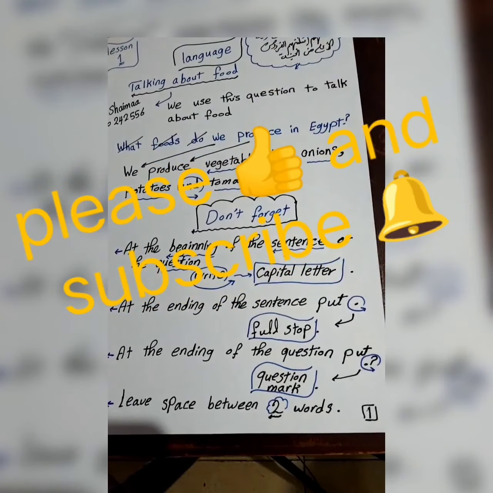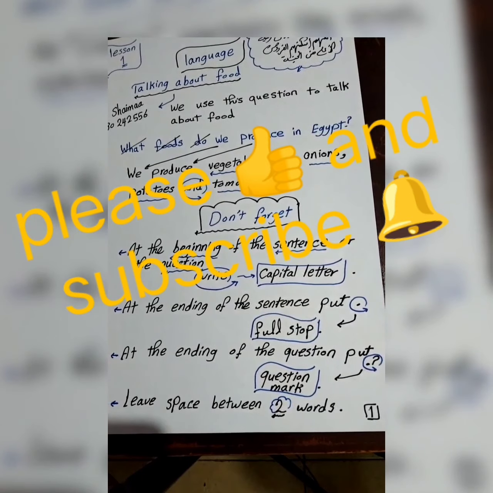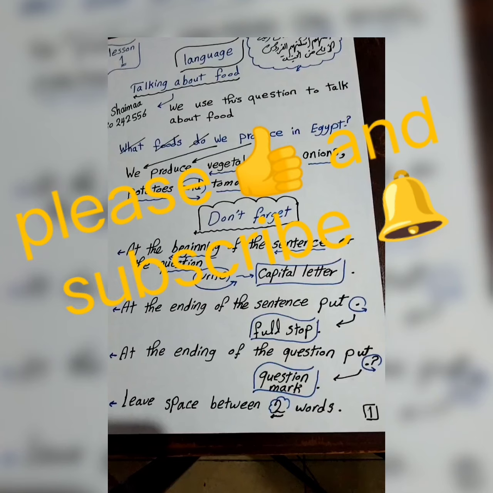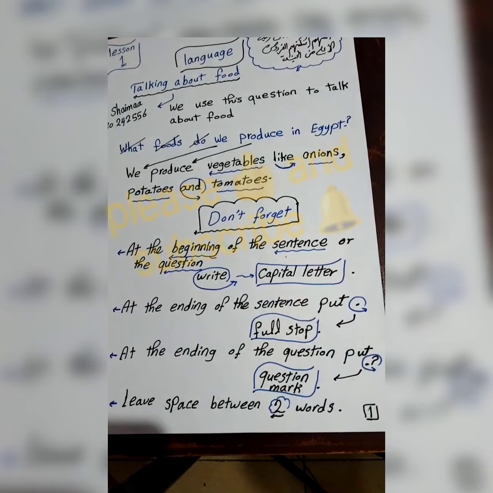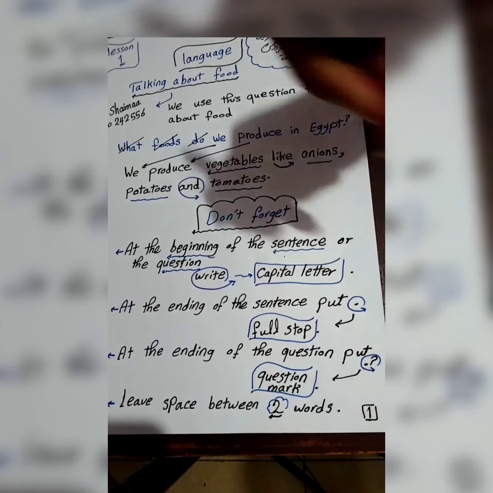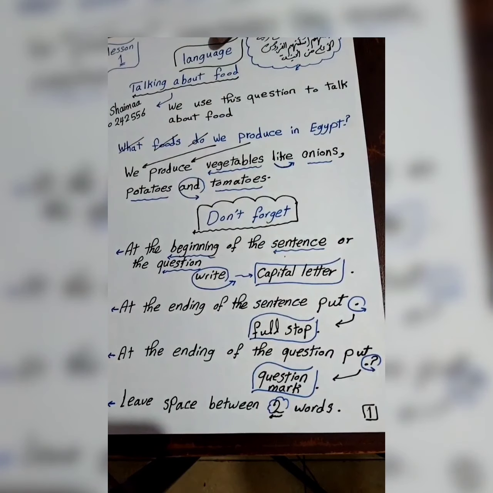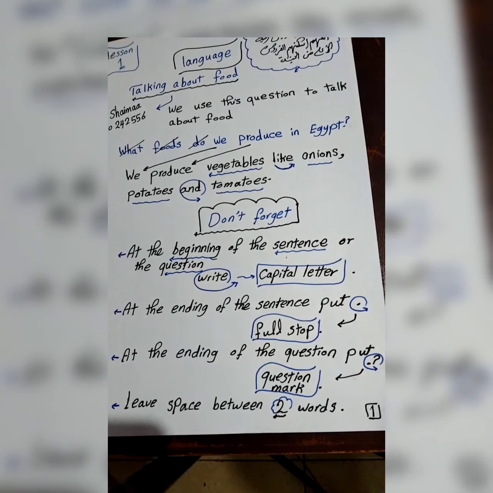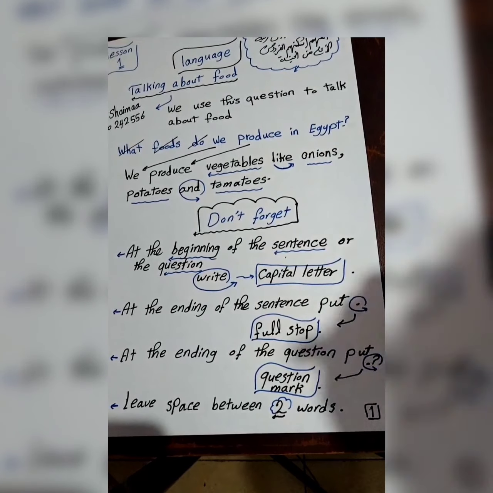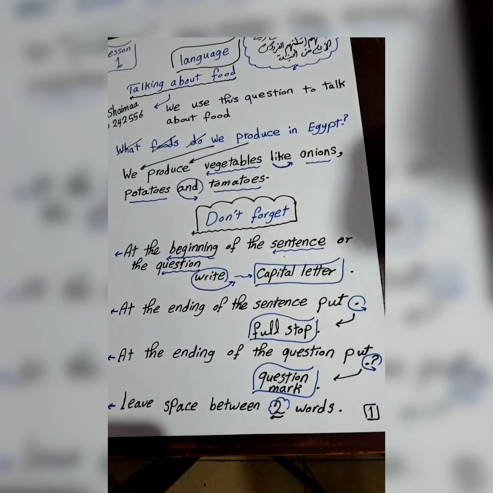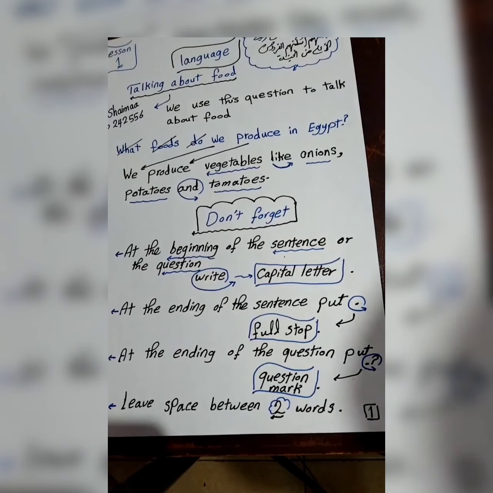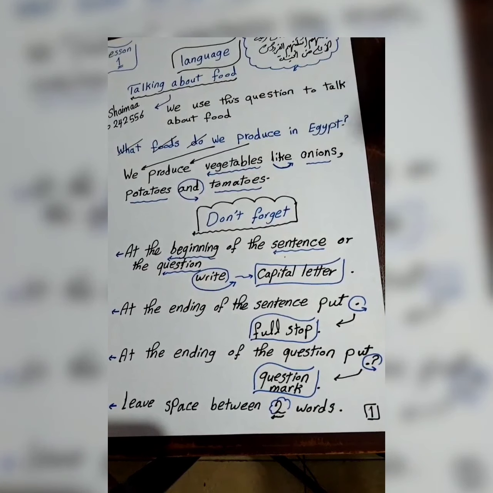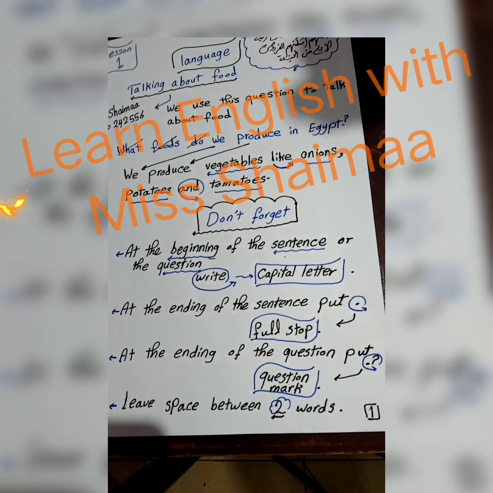Don't forget these rules to improve your writing. When you write, don't forget at the beginning of the sentence or at the beginning of the question, write a capital letter. Write what?